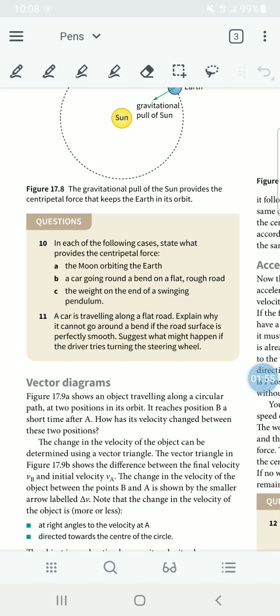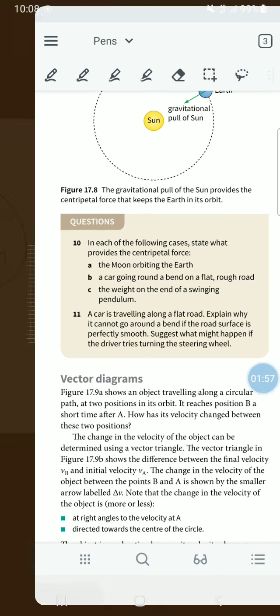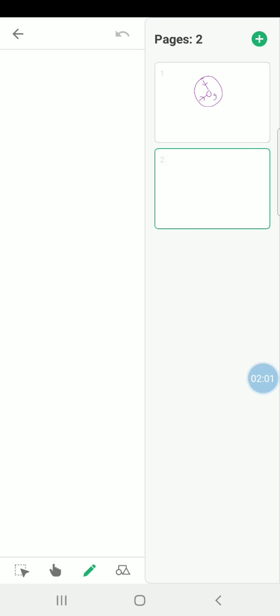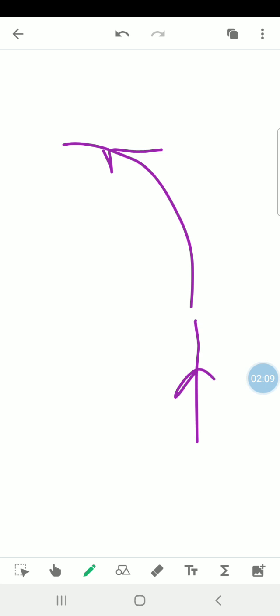Now just imagine a situation where a car is taking a bend. This car is traveling in a straight line, and now it is going to take a bend. When the steering wheel is turned, the tire will be pushing against the road.